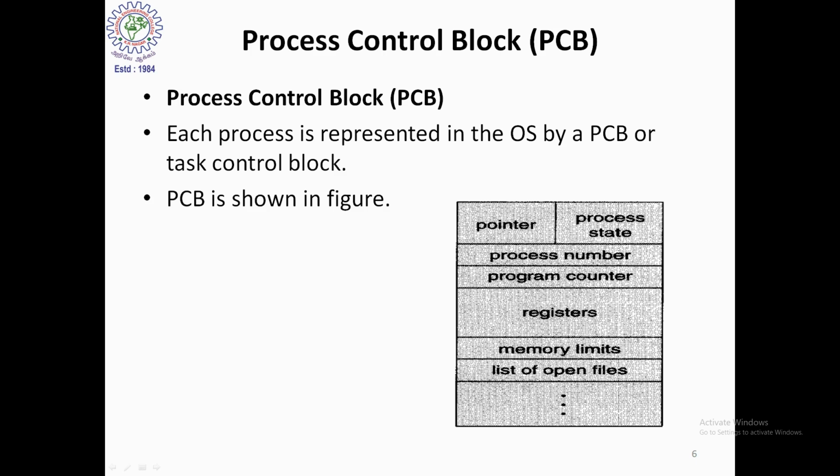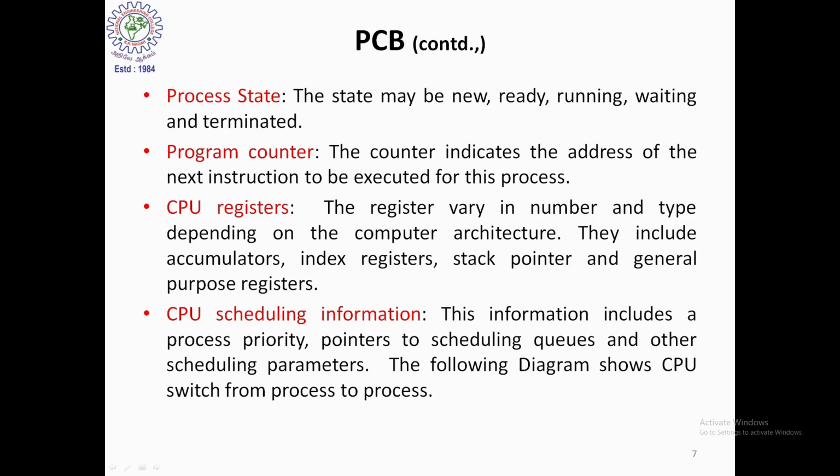The process control block holds all the entities of a particular process, that is, the details about a process, how a process is being executed, and what entities are associated with that process. Everything can be shown in this process control block, and every process holds its own. So we need to know what things are present in a process control block. First, the process state is present.